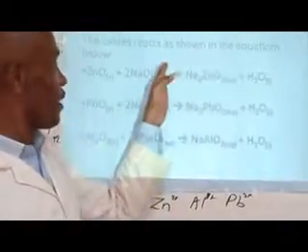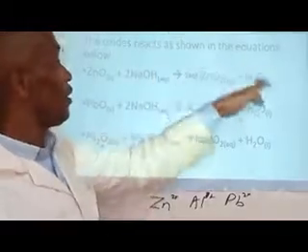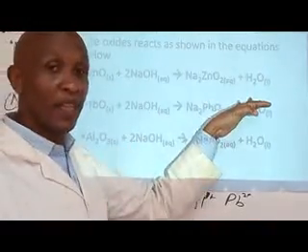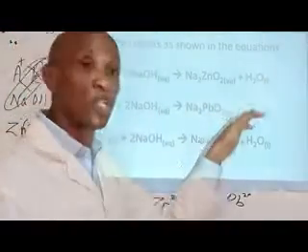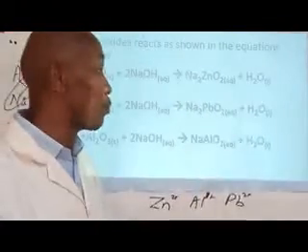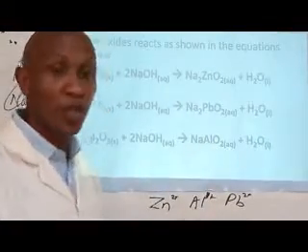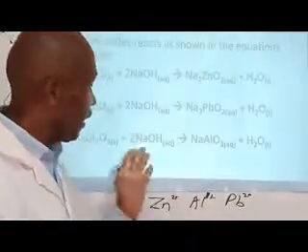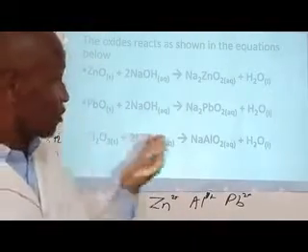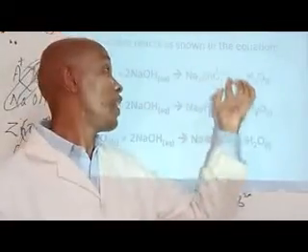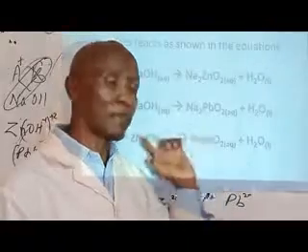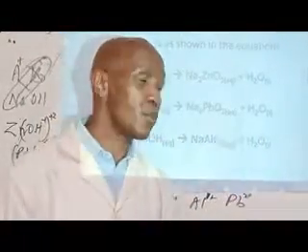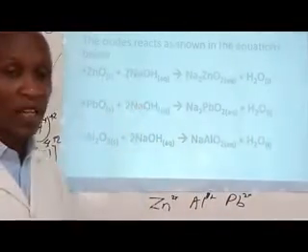Now you could bring the water molecule to this side, then you get the tetrahydroxo zincate, the tetrahydroxo plumbate, the tetrahydroxo aluminate. Those are the reactions, but what you need to note is that they are all coordination number 2, and water is formed. So the oxides are amphoteric.